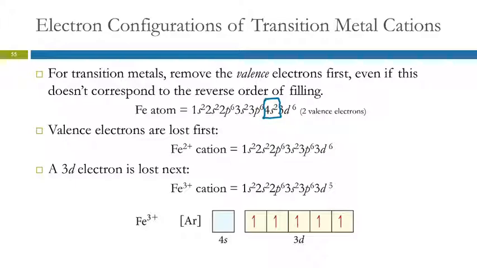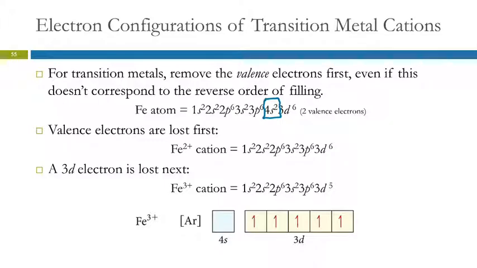Iron also forms a 3+ ion, right? So if you're going to lose one more electron, you're going to take it off of the last one that filled, so 3d5. So this is the electron configuration for iron 3+. Argon, and the 4s is empty because those were the valence electrons.